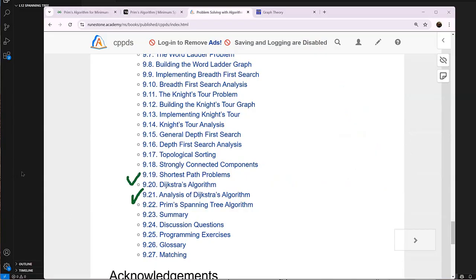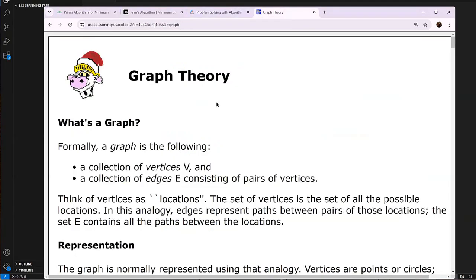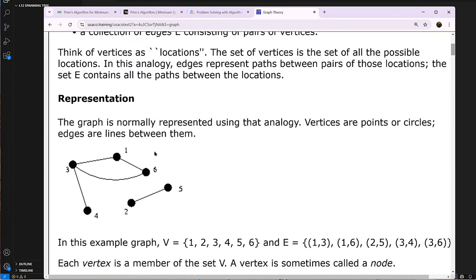Now let's go back to graph theory. You have a graph, a representation of vertices and edges. Sometimes an edge is only the connection of two nodes, and sometimes you have a weight on it. So this one is only the connection, no direction, no weight.